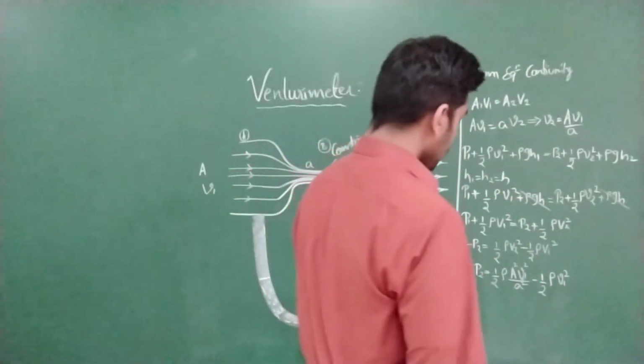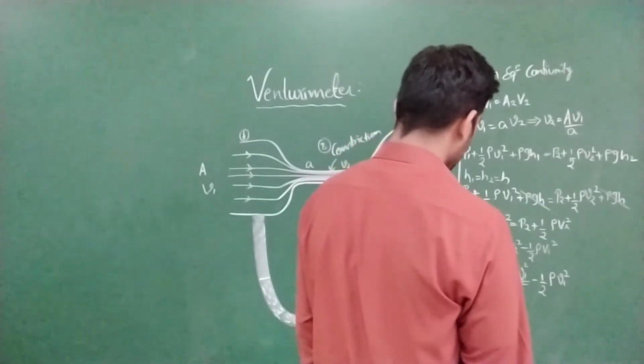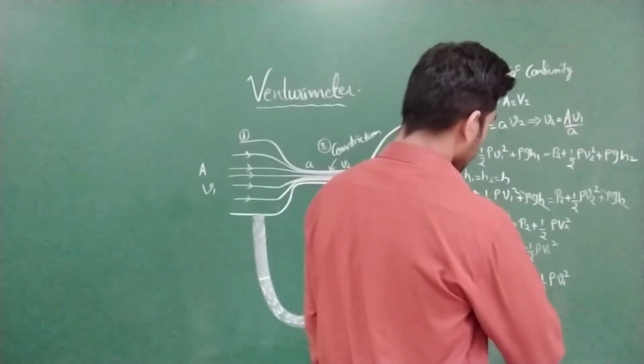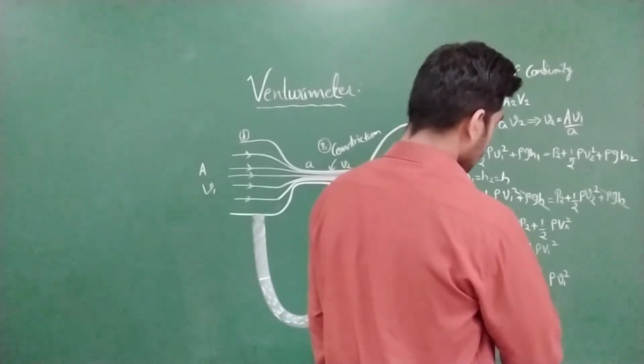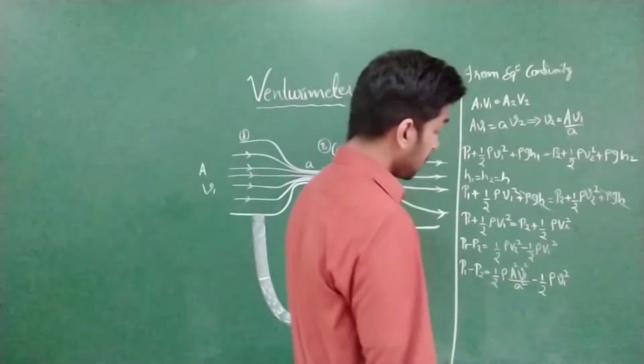So what things are common here? Just check. Half rho V1 square is common. Clear?